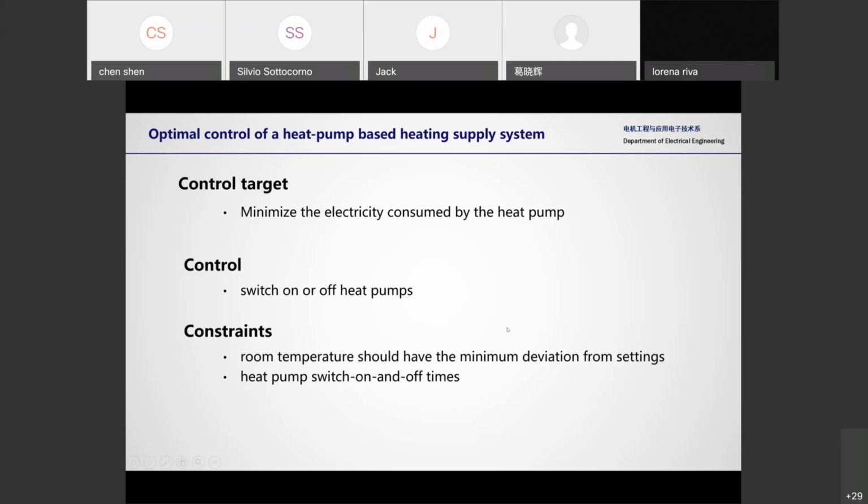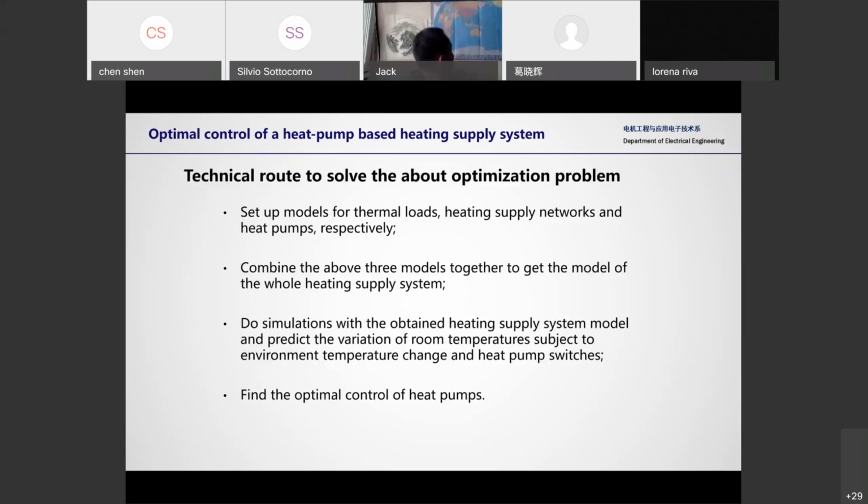To solve the above optimization problem, we need to go through the following 4 steps. First, we set up models for thermal load, heating supply network, and heat pump respectively.